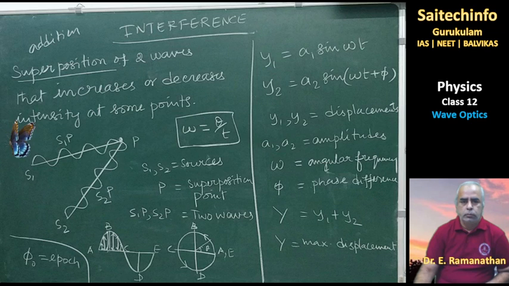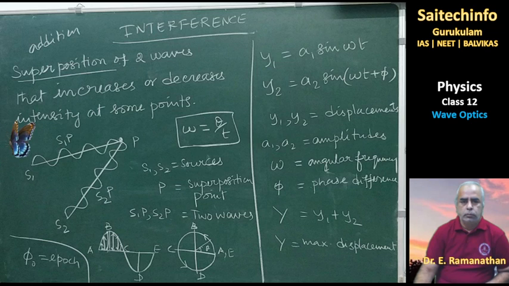Negative interference is called destructive interference, that will result in dark spots, and that is why you are able to get an interference pattern.